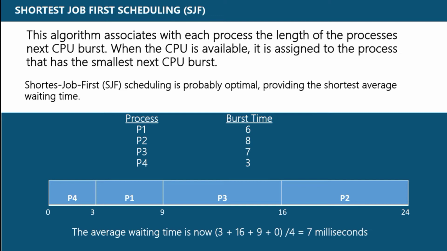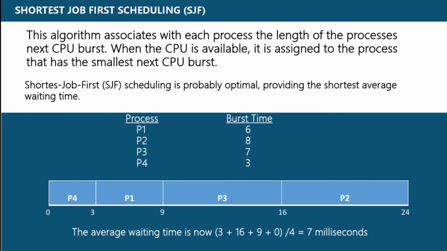Okay, so the average waiting time is 3 because P1 needs only to wait for P4, and 16 because P2, since this is process 2, needs only to wait 16 milliseconds to be executed.